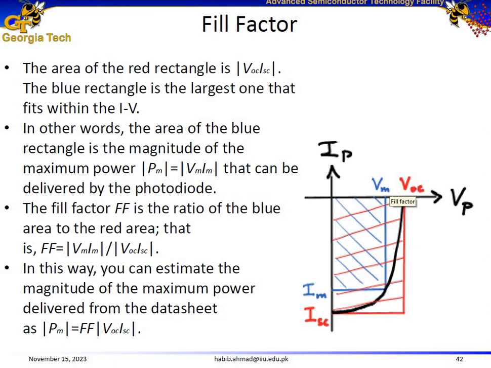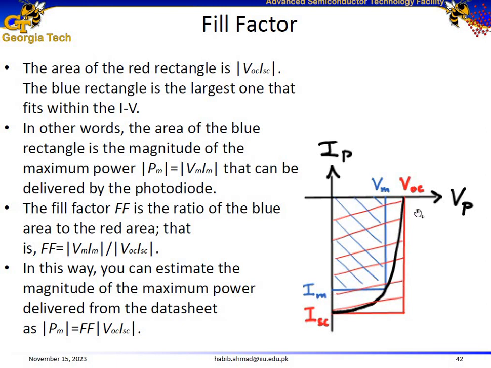So basically we get two rectangles. This red rectangle from the product of ISC and VOC, the ideal power, and the blue rectangle from the product of maximum current and maximum voltage. And the ratio of the two rectangles is called the fill factor.